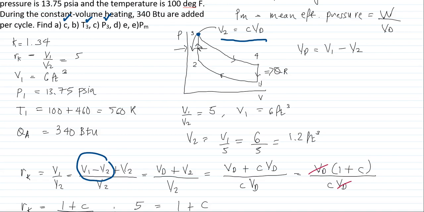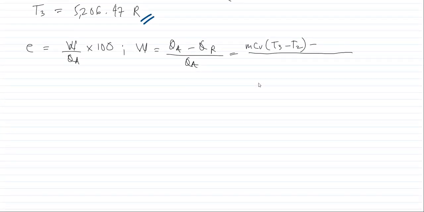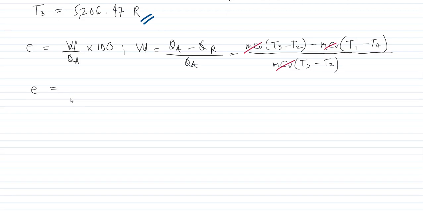So actually your final point here is point 1. Remember that. So we have MCV, T1 minus T4, over MCV, again this is QA, T3 minus T2. You notice here we can cancel the product of MCV. We can factor it out and it will be cancelled from the denominator. So what is left?